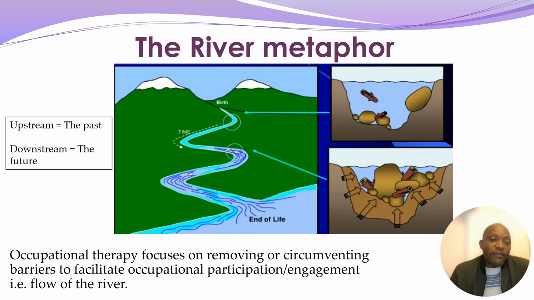So in the river metaphor, from the point at which the person is, upstream represents the past and downstream represents the future. And occupational therapy focuses on removing or circumventing barriers in order to facilitate occupational engagement. And that is the flow of the river. So using this model really depends on the context.